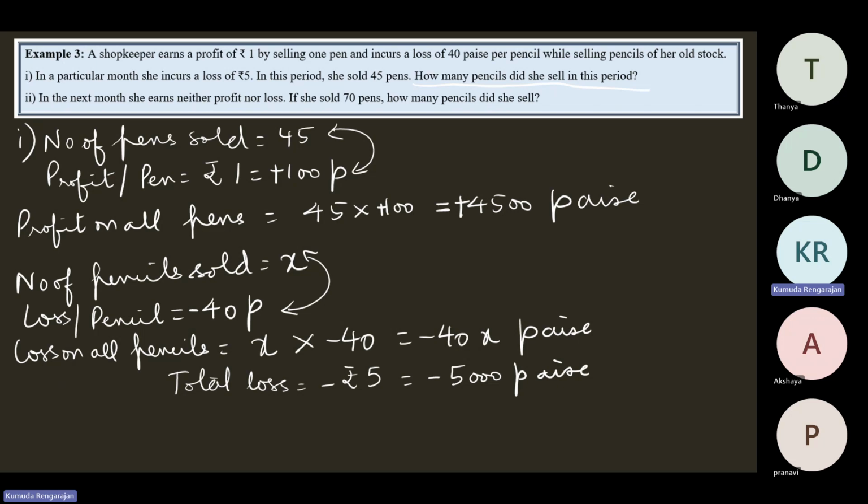In the same way here, this is the profit on selling the pens, and this is the loss on selling the pencils. These two should be put together. So 4500 minus 40x, put together, is equal to the total loss, minus 5,000.